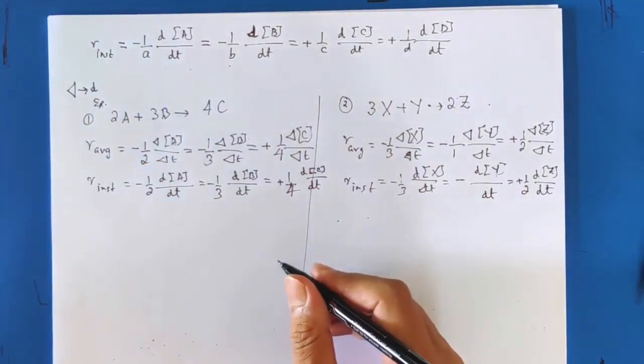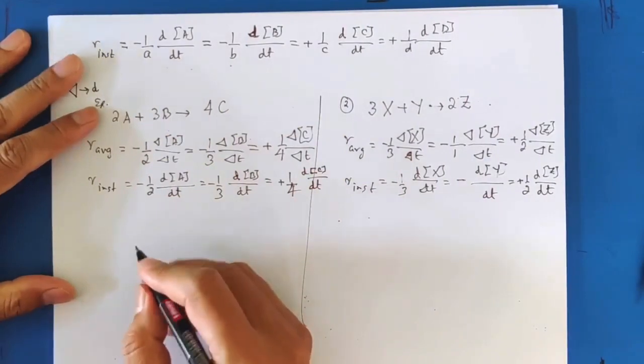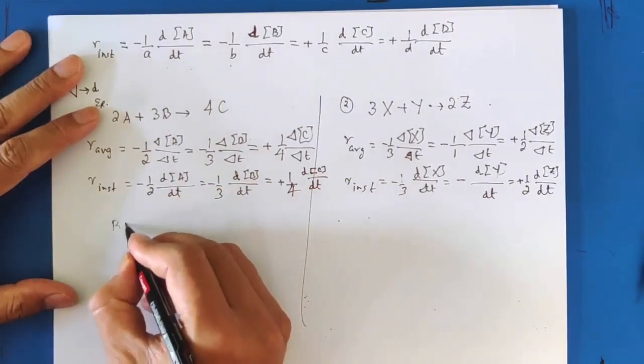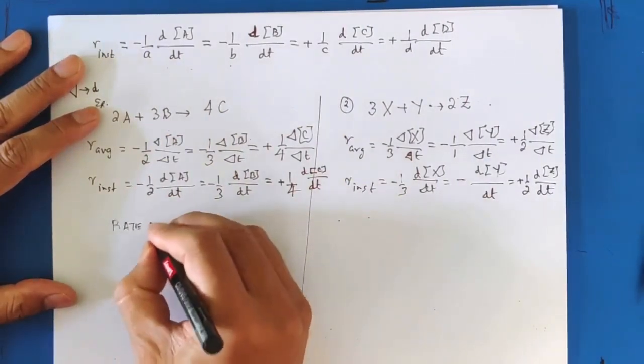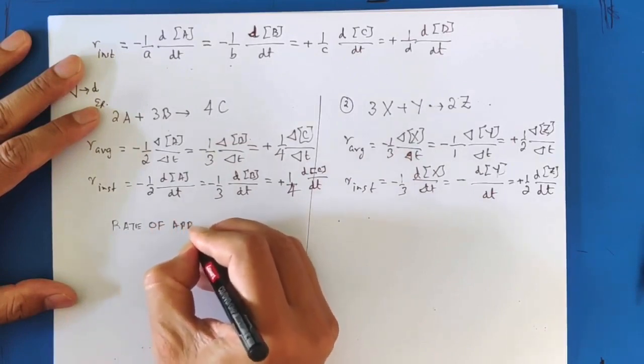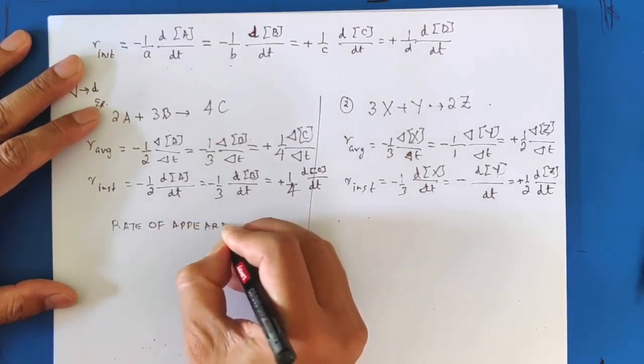Now a new heading: rate of appearance of product.